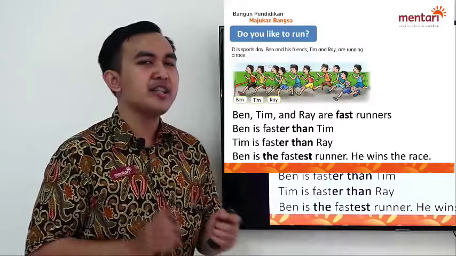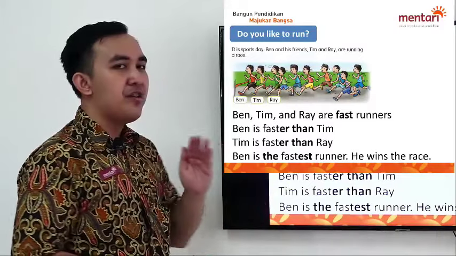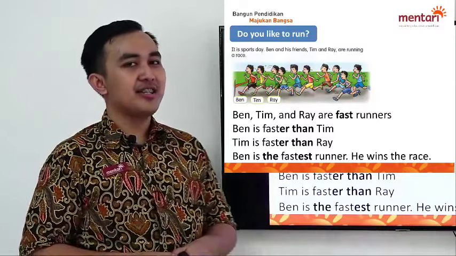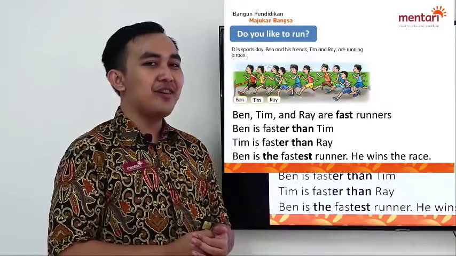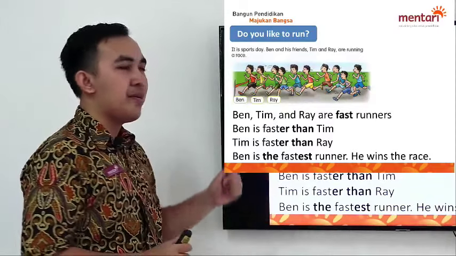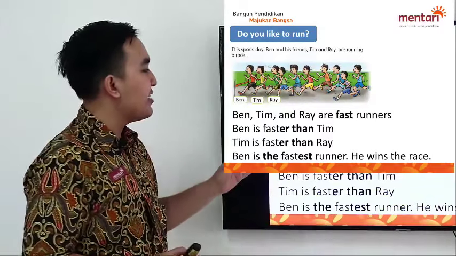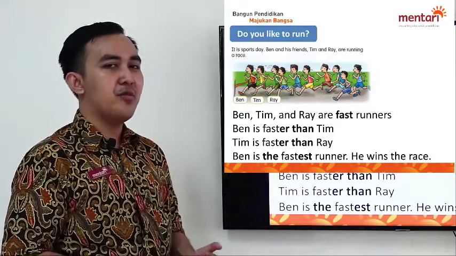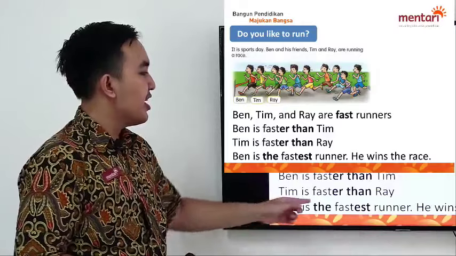So, what is the difference between faster than and the fastest? Can you guess, everyone? If we take a look at the pictures, you can see that Ben is the fastest one, the fastest runner.